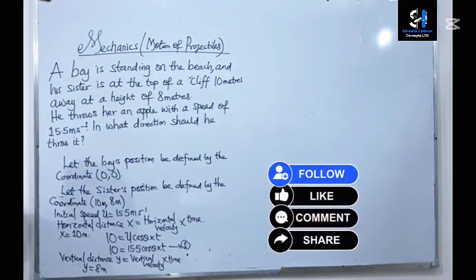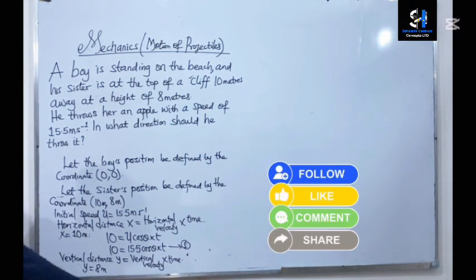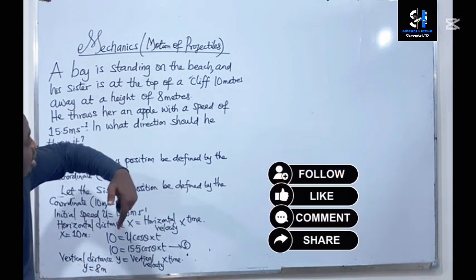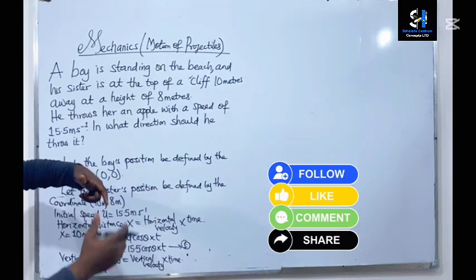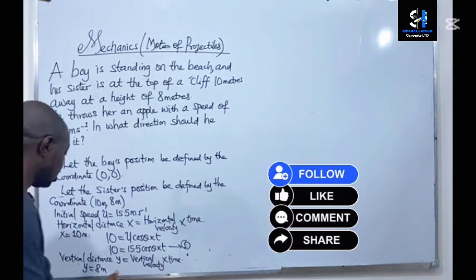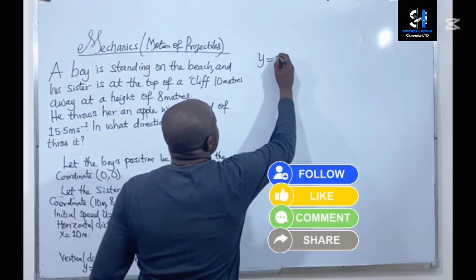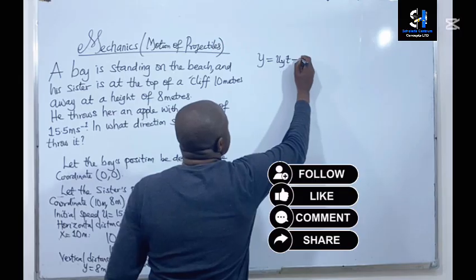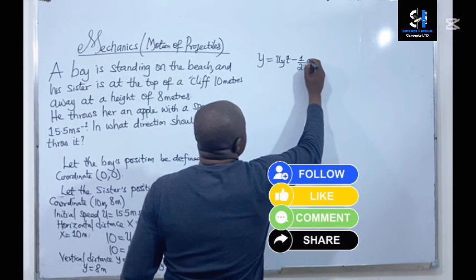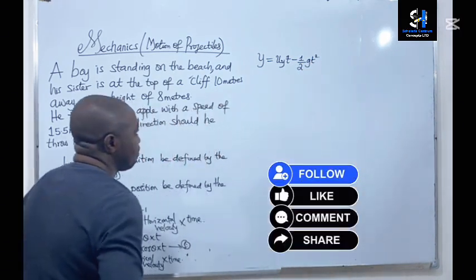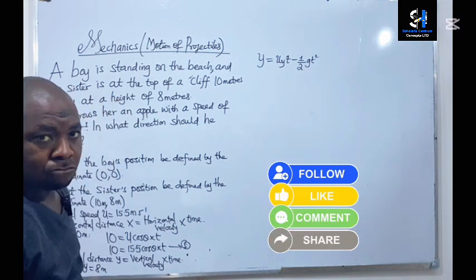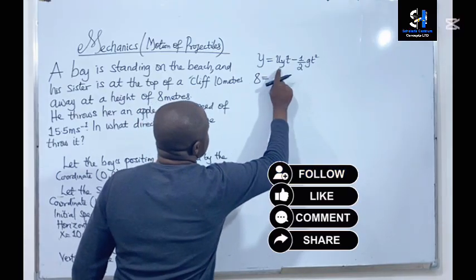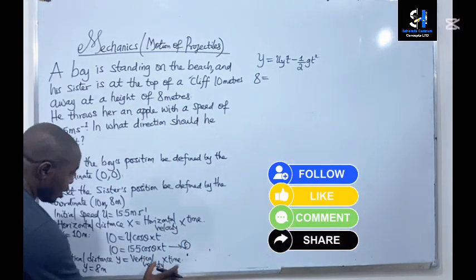In this case, because the boy throws the apple, we are going to make use of y equals u_y times t minus 1/2 g t squared. So 8 equals u_y times t minus 1/2 times 9.81 times t squared.